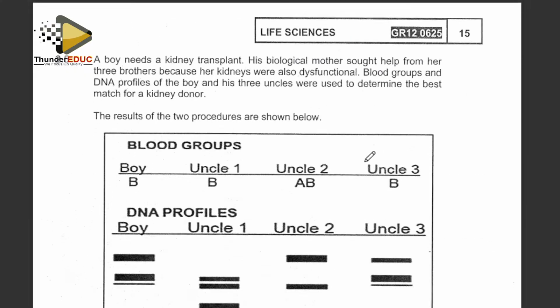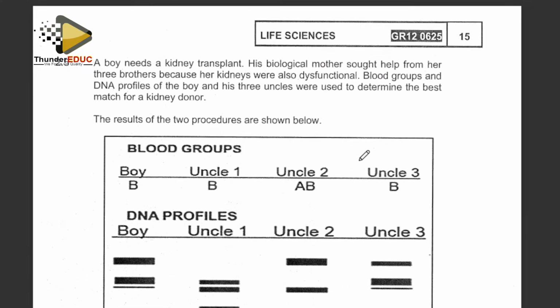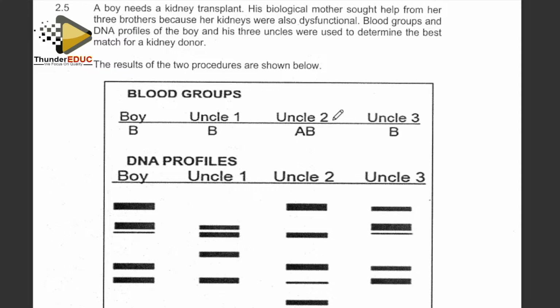We continue to the next question, 2.5. Name one other procedure. So the boy needs a kidney transplant. His biological mother, you have to read out blood group or DNA.